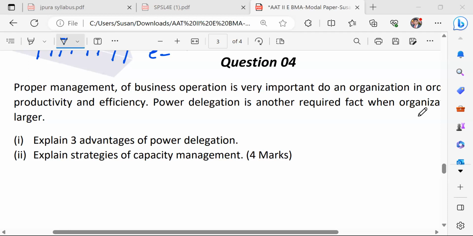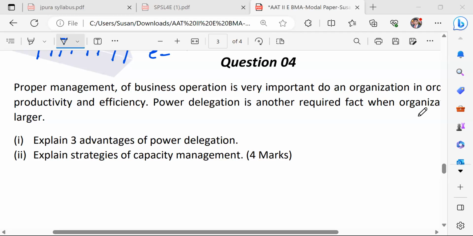The third strategy is change in demand. There are only 3 strategies: fixed production capacity, that is, a fixed level of capacity; second, running behind the demand; and third is demand management, right?